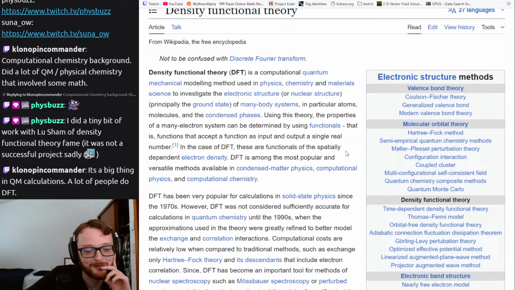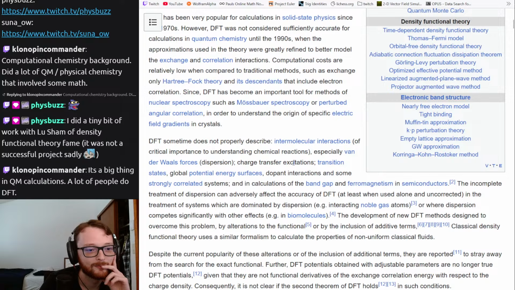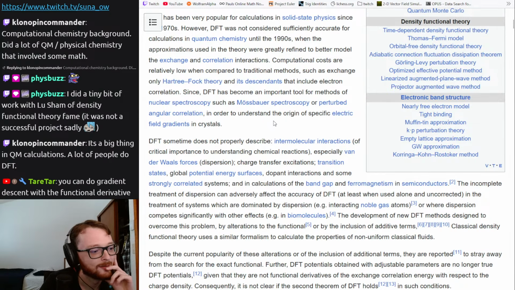Probably doesn't. You just estimate the parameters for a function, right? You can do gradient descent with the functional derivative? Really, Teratar? That's kind of cool.